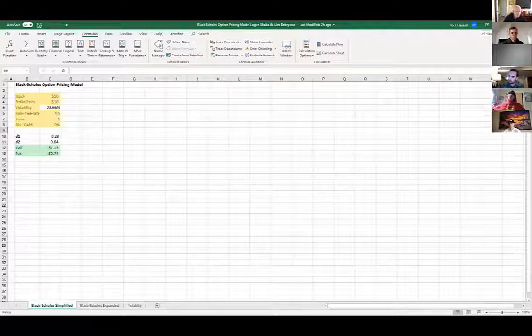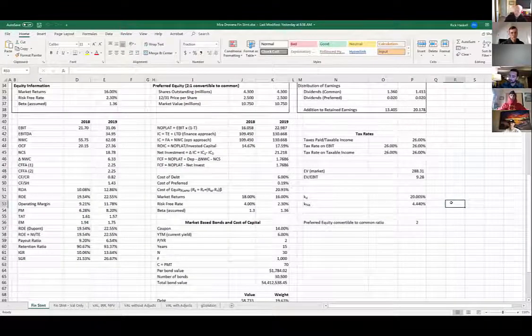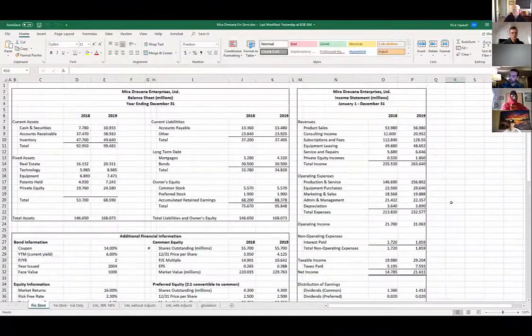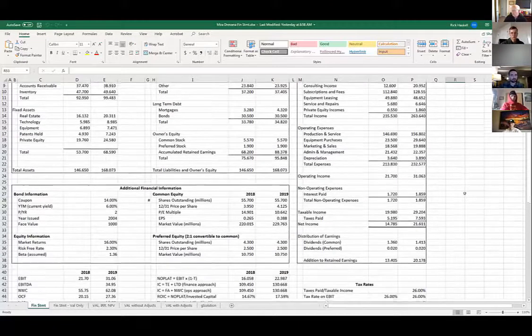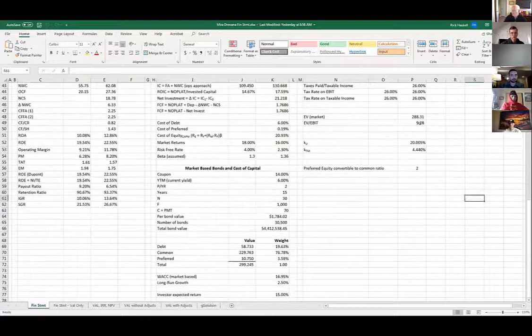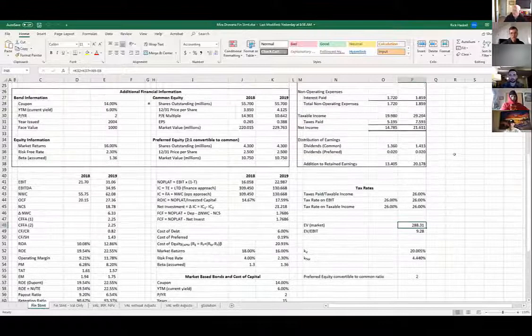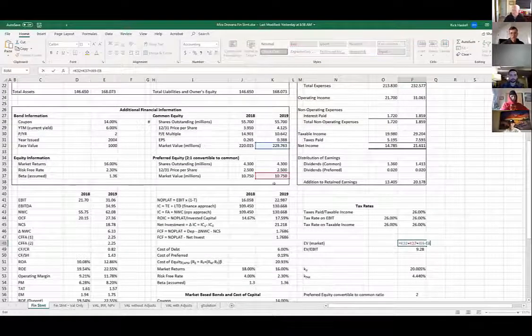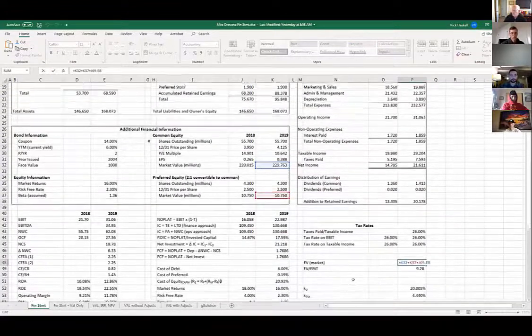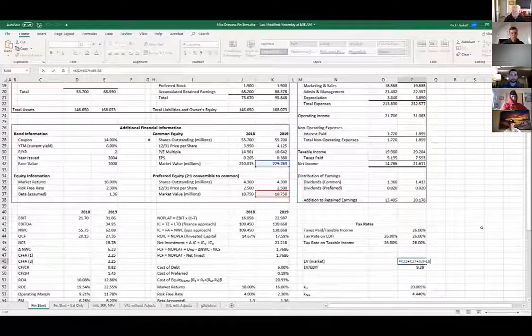Now, I want to move to Mira Drovanna. In the case of Mira Drovanna, we have 2018 and 2019 data. And in this case, we can observe that based upon the 2019 enterprise value, which is a function of the market value of the common, market value of the equity, and then the market value of the debt, of course, in cash.